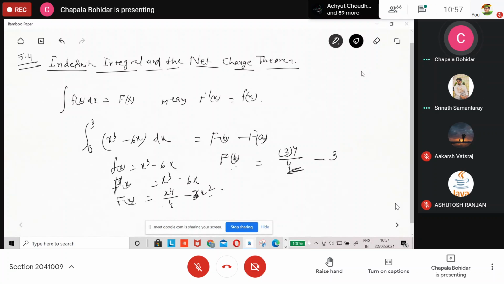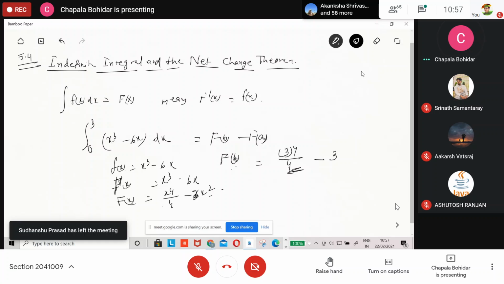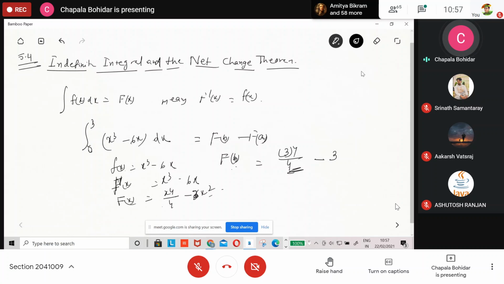Similarly, now come to the next question, that is 63. The linear density of a rod of length 4 meter is given by rho x is equal to 9 plus 2 root x, measured in kilogram per meter, where x is measured in meter from one end of the rod.